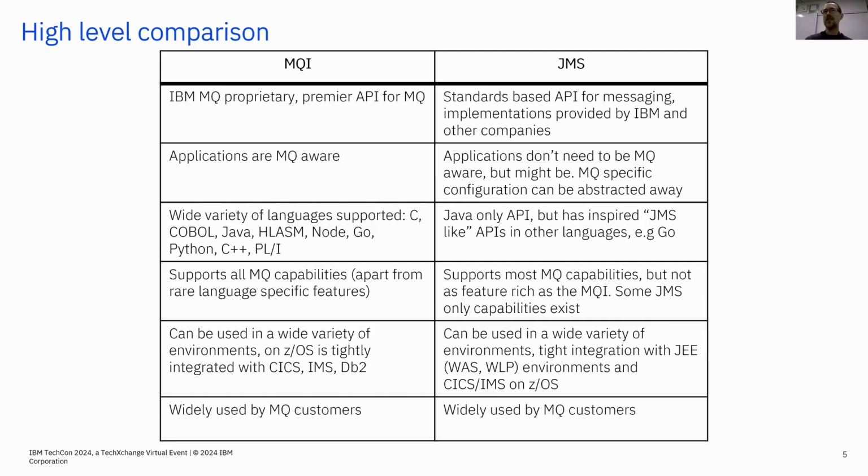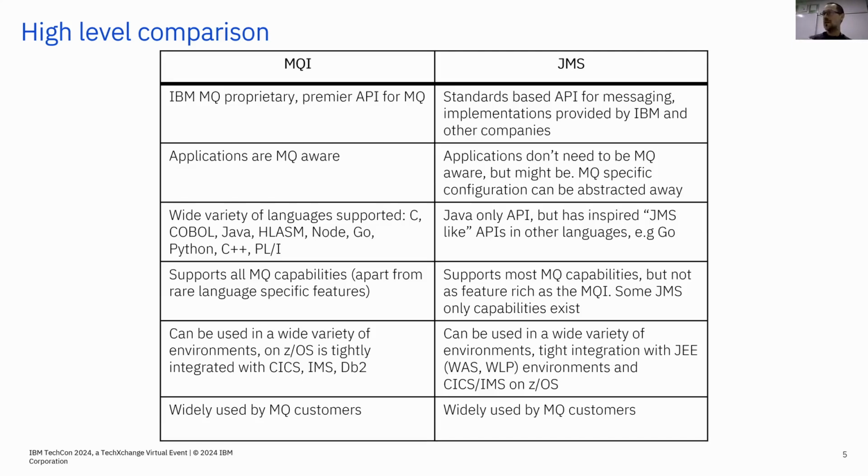Because the MQI is an MQ-specific API, it supports pretty much every capability, with the exception of about one, that MQ provides. And those capabilities normally come to the MQI first and then trickle down to the other languages. JMS, because it's standards-based, supports most MQ capabilities, but some of those that are very MQ-specific don't necessarily fit into the JMS API and therefore are not available.